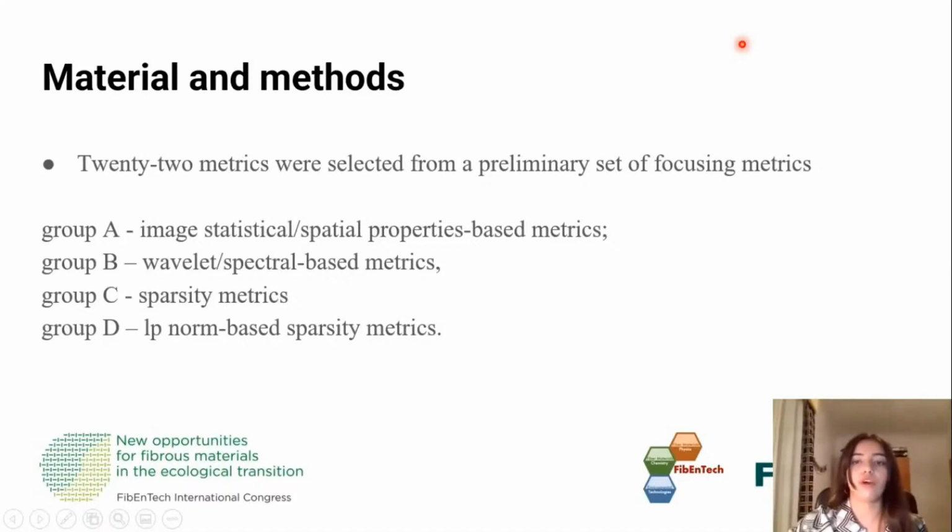The trade-off between performance metrics and computational burden is also inspected using the mean computation time at a given step of the search interval for each of the 22 focus algorithms.